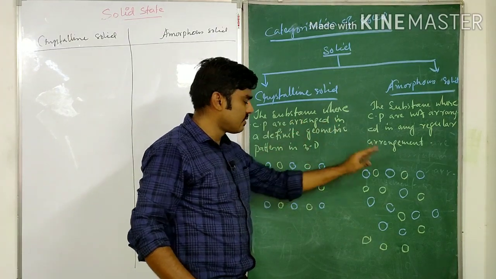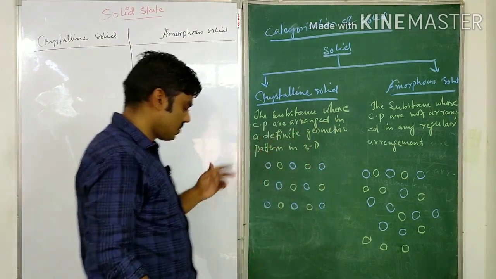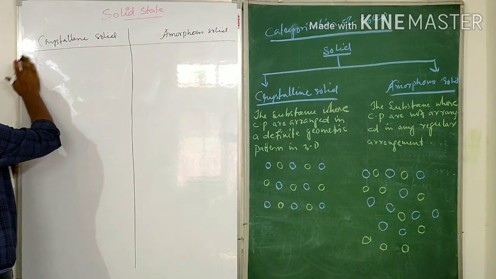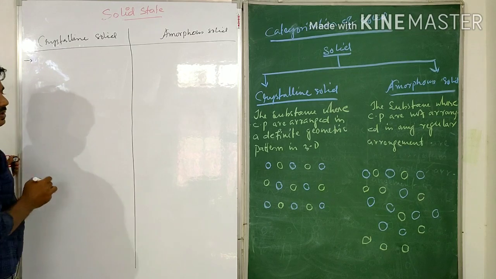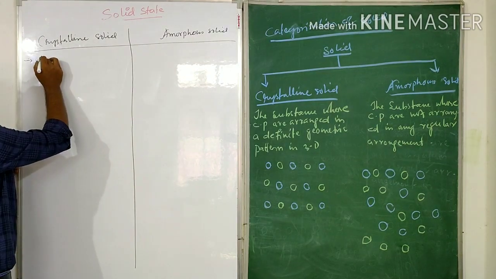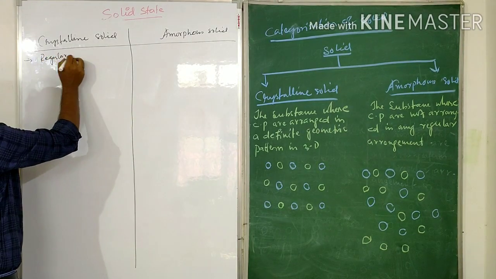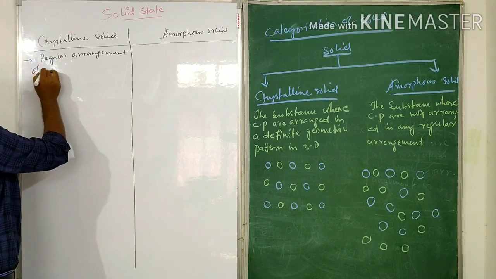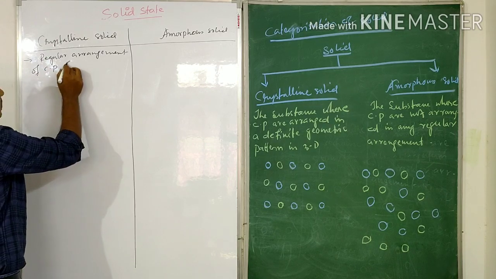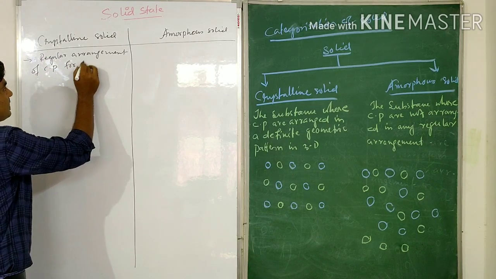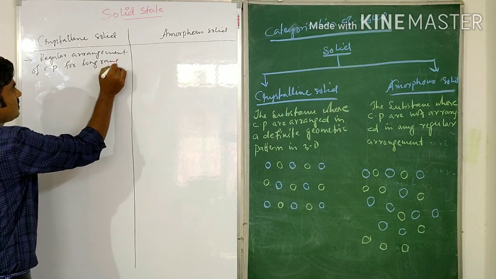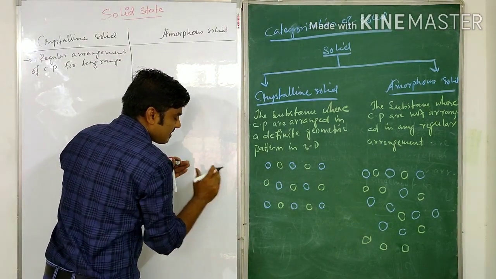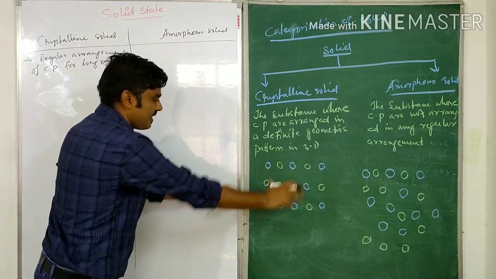Here is the regular arrangement, here is the irregular arrangement. So this also becomes a difference. I will write that in crystalline solids, there is a regular arrangement of constituent particles for long lengths.